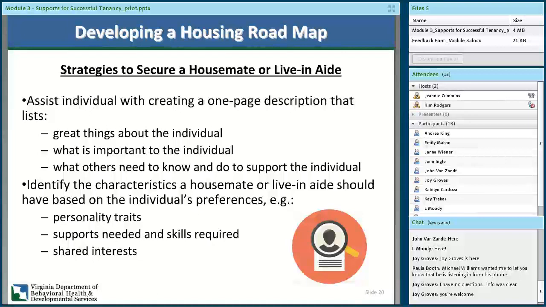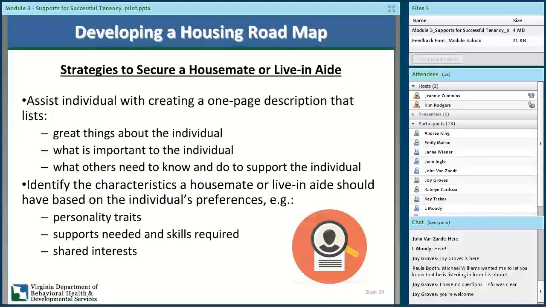If a person does not choose shared living services under the Medicaid waiver, the Community Housing Guide can assist the individual with creating a one-page description that lists great things to know about the individual, what's important to the individual, and what others need to know and do to support the individual, including daily and weekly routines.